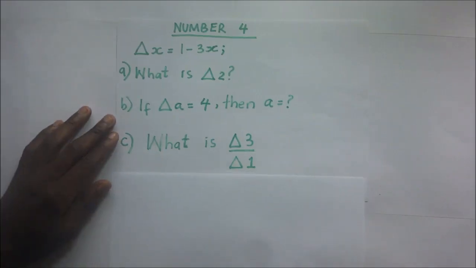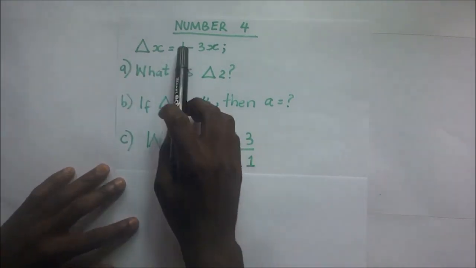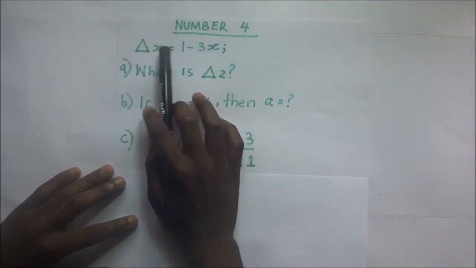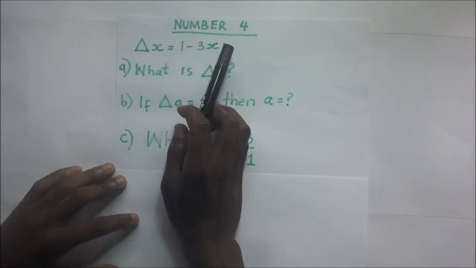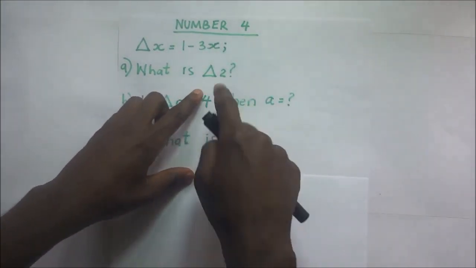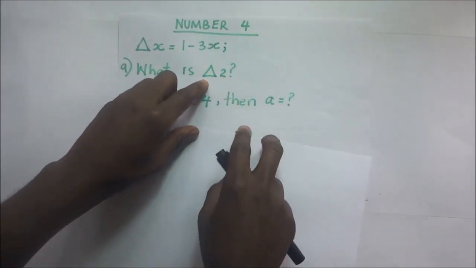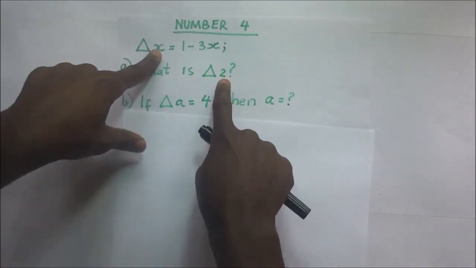So going on to number 4, we have delta x is given by 1 minus 3x. If delta x is given by 1 minus 3x, what is delta 2? In essence, they're saying that in the place of x there is 2.